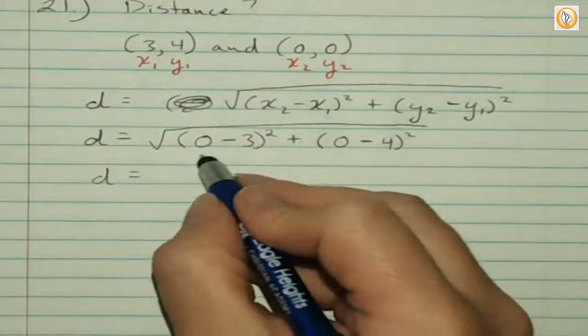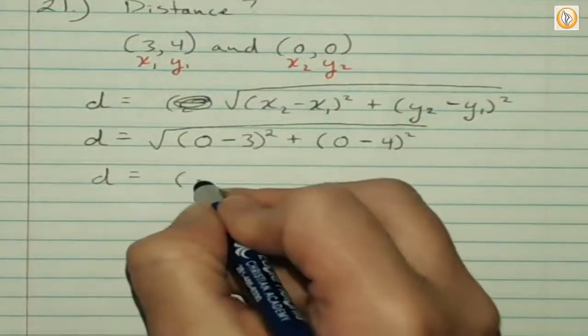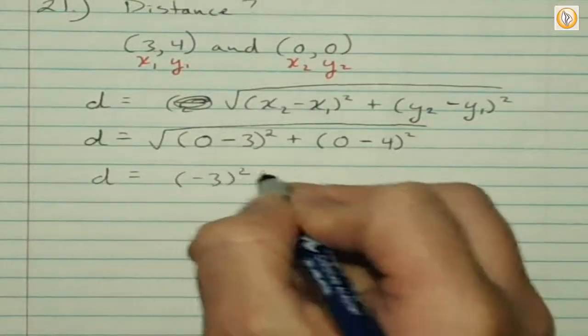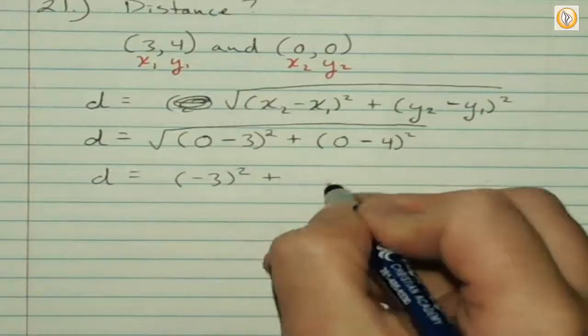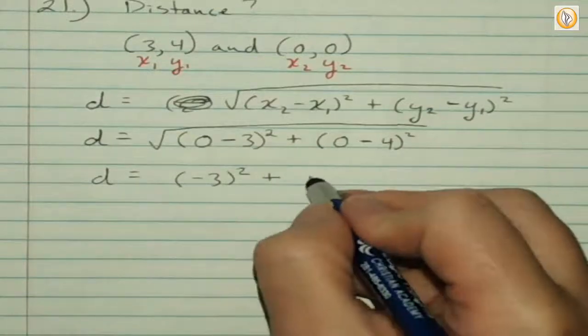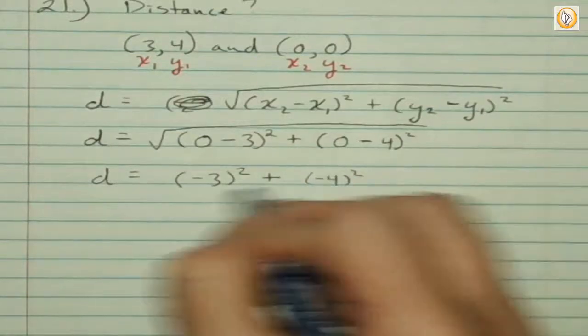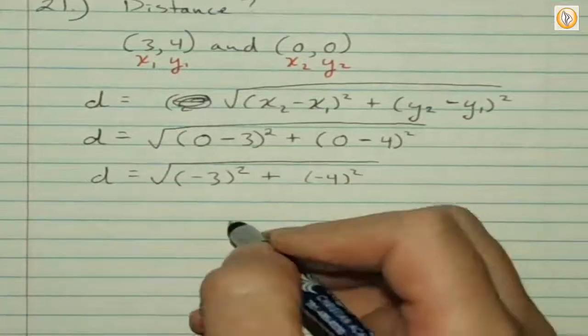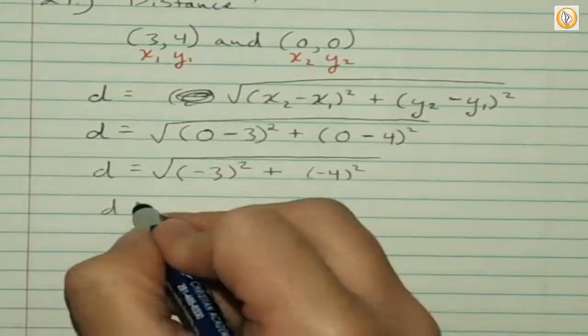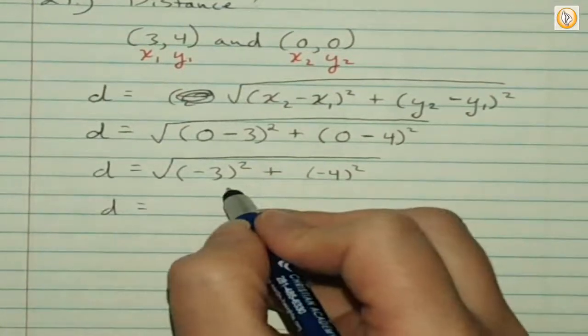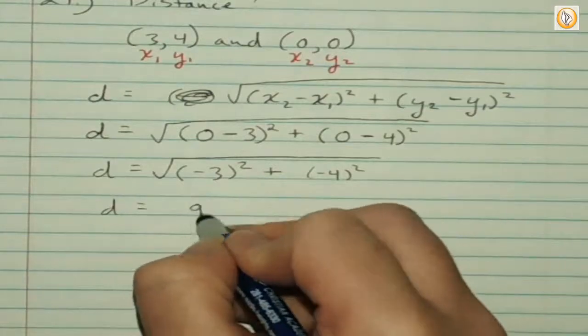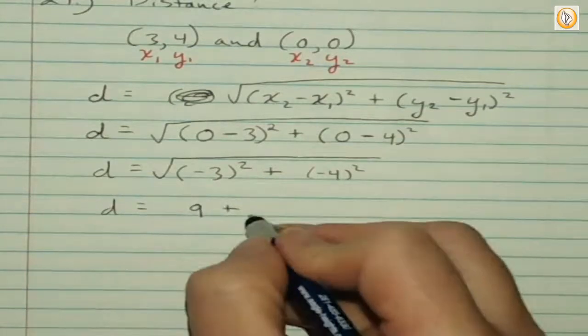All right, what is 0 minus 3? Plus, what is 0 minus 4? What is negative 3 squared? What is negative 4 squared?